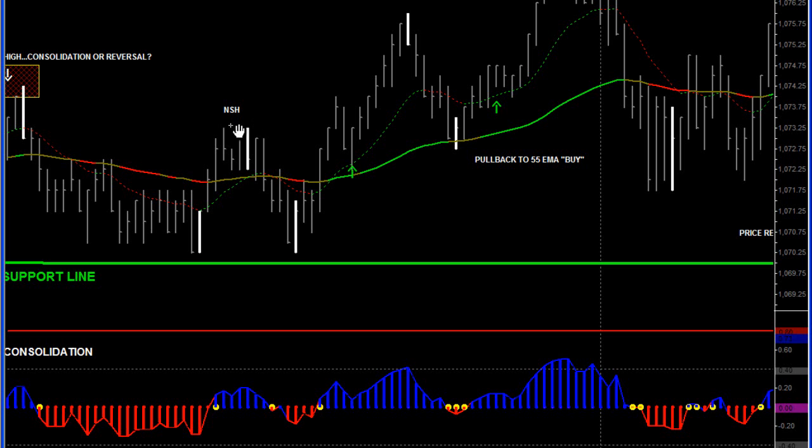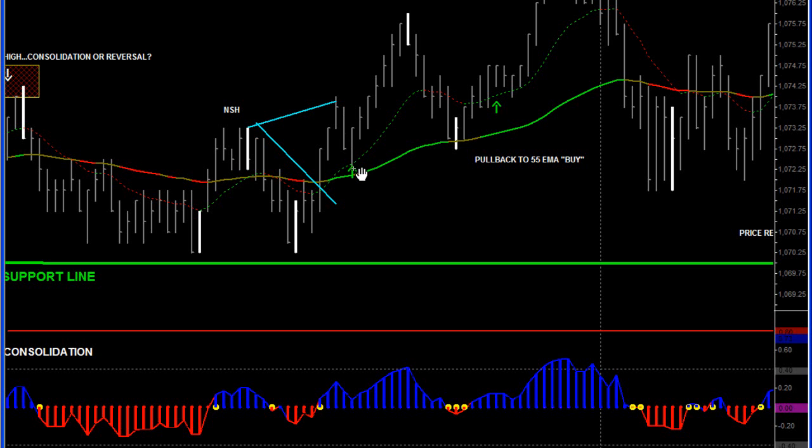So what will we be looking for? If this is valid, once I break this progression and make a new swing high from here, then this is no longer a resistance zone, and I would be looking to buy a subsequent pullback.